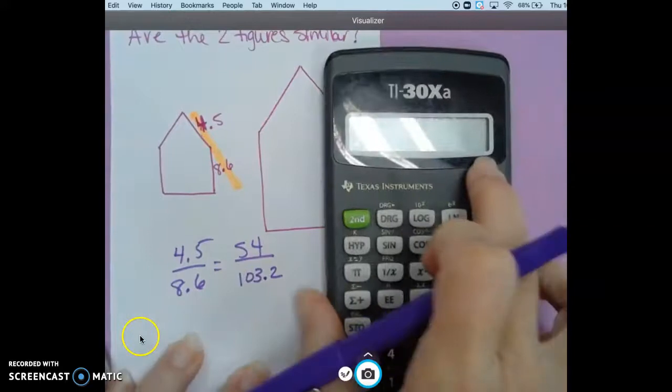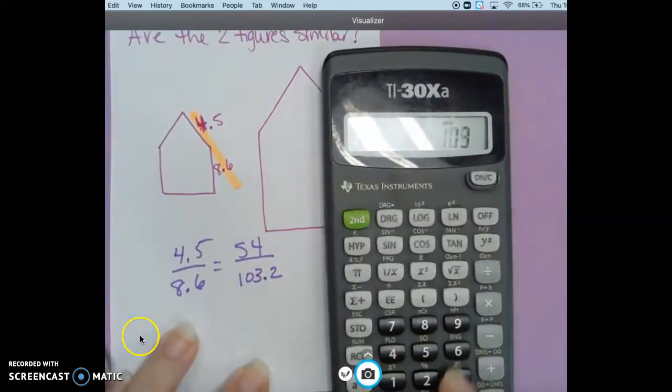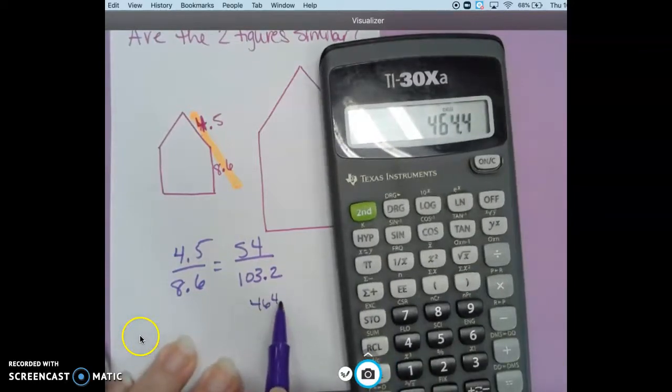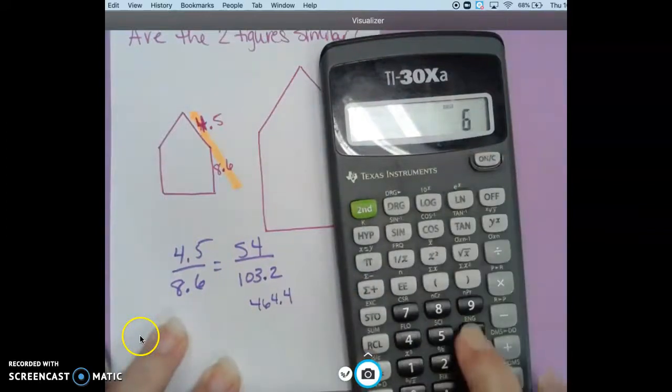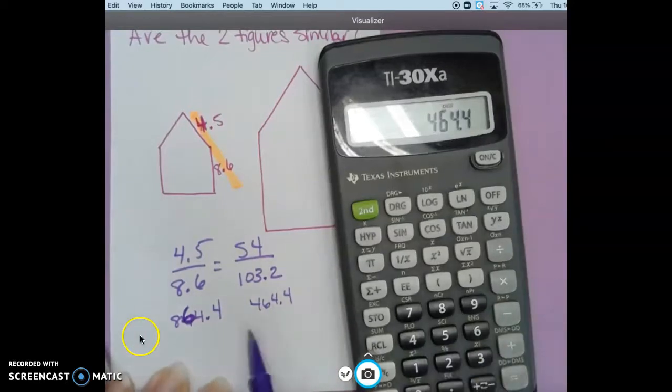So 4.5 times 103.2, and I get 464.4, and then try the other side, 8.6 times 54, and I get 464.4. So then this one would be similar also.